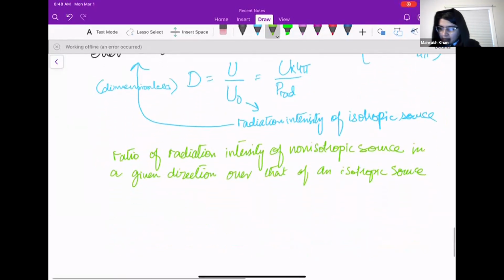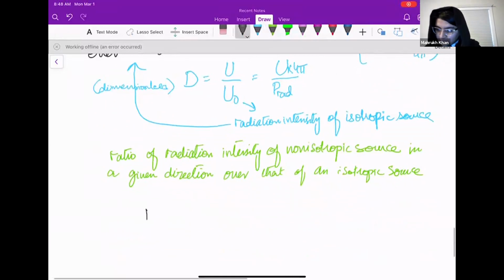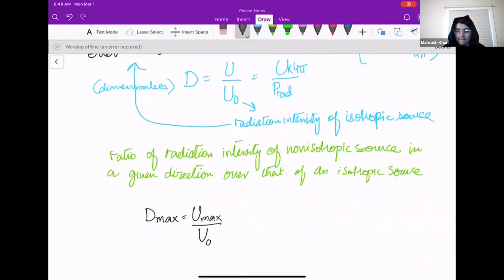This is very obvious, but the maximum directivity is U max by U naught: the maximum point on your pattern, where radiation intensity is maximum, gives you the maximum directivity.